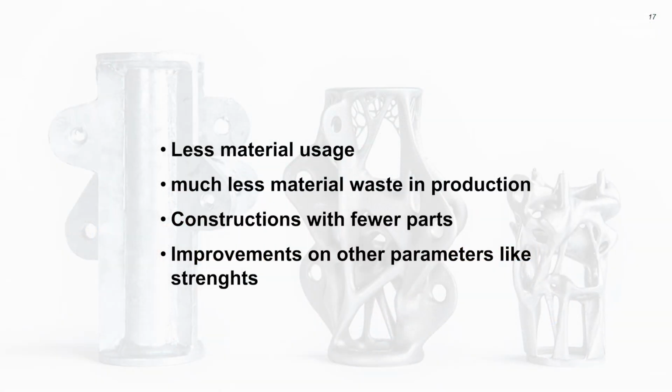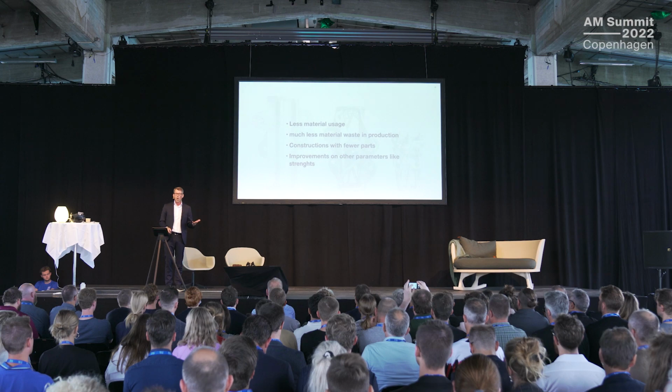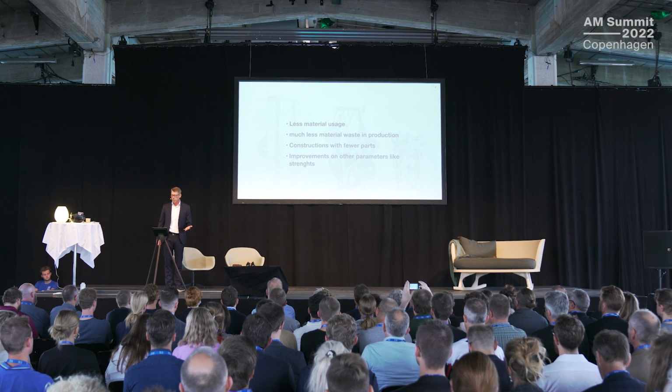We can create parts that use way less material, with way less material waste in production. We can construct with fewer parts, so there's the assembly part and the transportation part and everything else. And there's, of course, the ability to reach improvements on other parameters like strength and torsion or whatever it is. All this leads to more sustainable solutions.